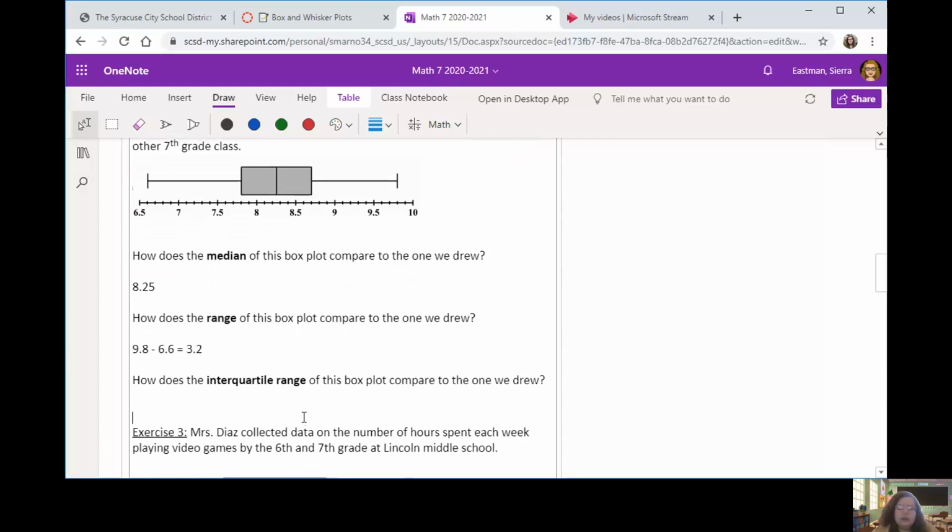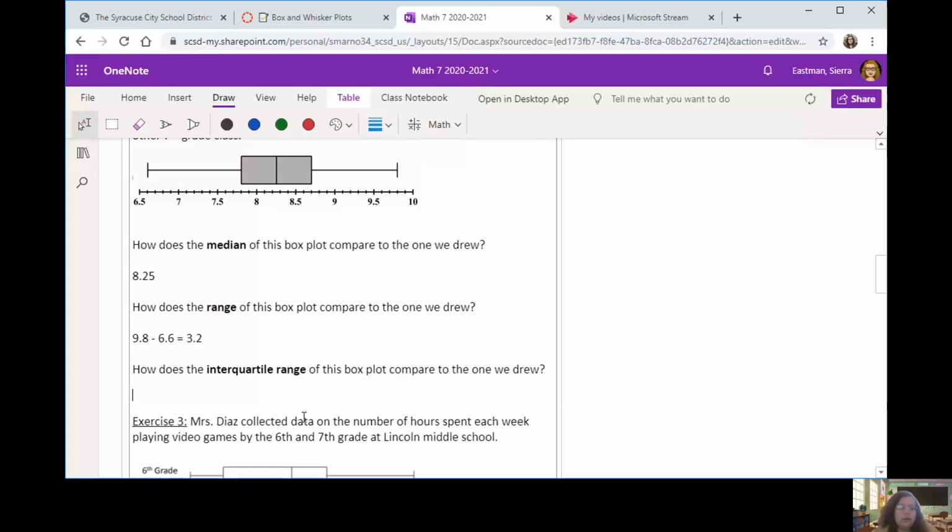And the very last question they're asking us here is a little bit new. We haven't heard of an interquartile range, but it's actually very similar to a regular range. Instead of using the maximum and the minimum from the whiskers, you're going to use the maximum and the minimum from the box only.